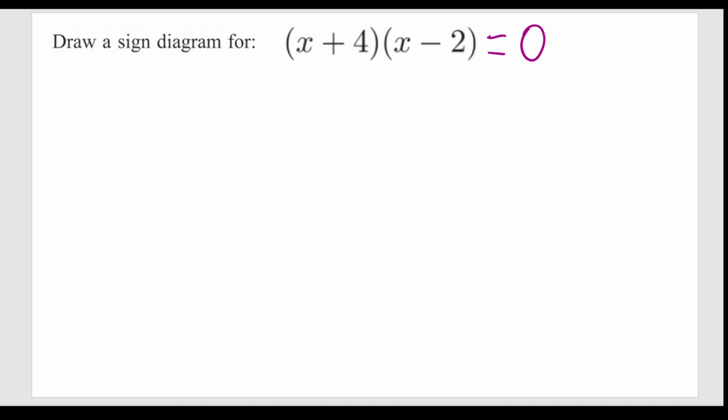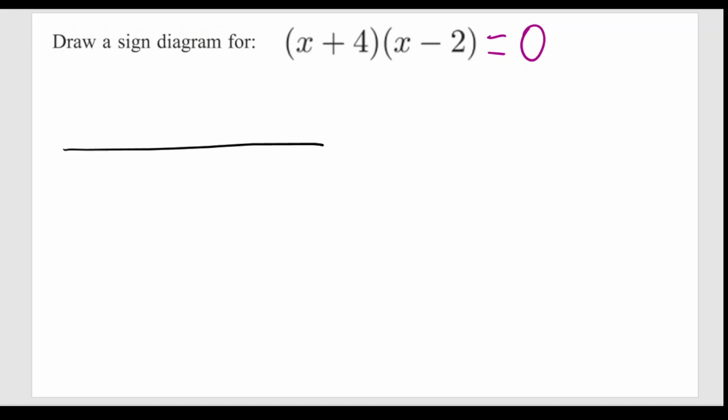So let's get started. First step is always to draw this horizontal line. And then our second step is to find those zeros or the points where it is undefined. In this case, we're just going to have zeros. So our first opportunity where it's going to be equal to 0 is when x is equal to -4.